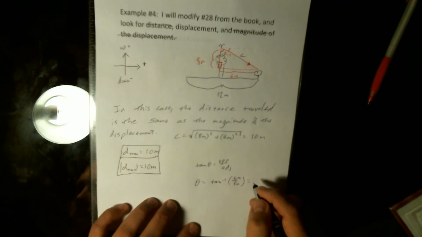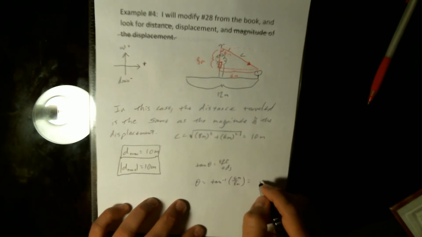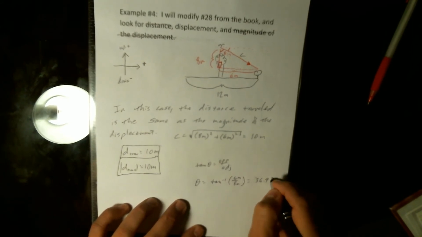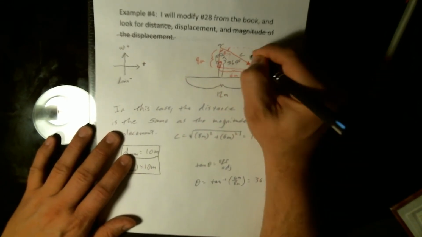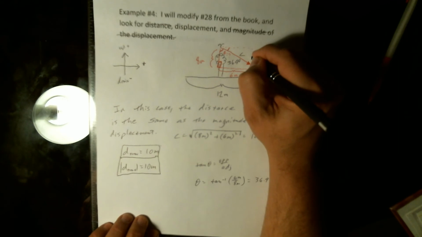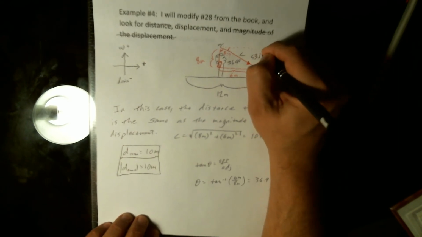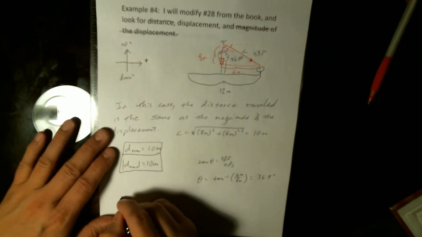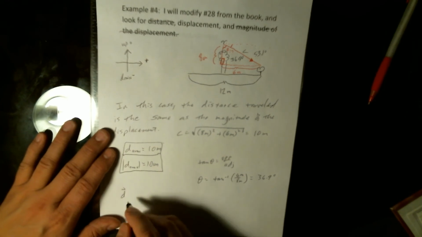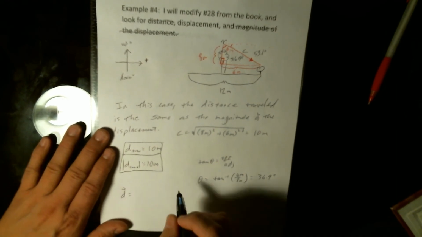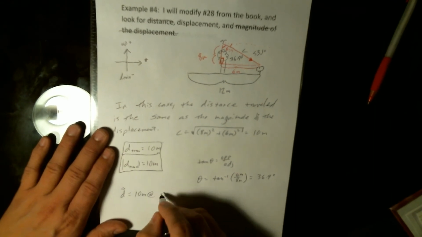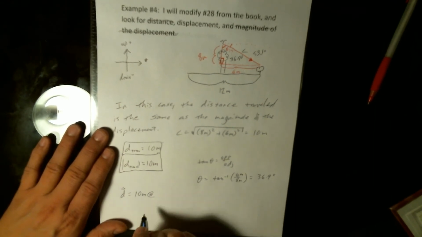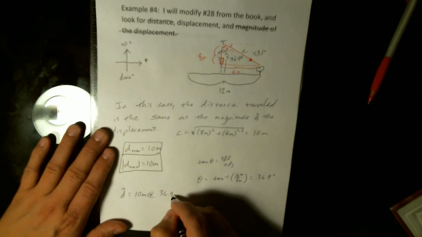So if this is 36.9 degrees, then this one up here must be 53.1 degrees. So then there are 2 answers for my displacement. One of them will be 10 meters at 36.9 degrees, and that 36.9 is towards the flower from the vertical line.